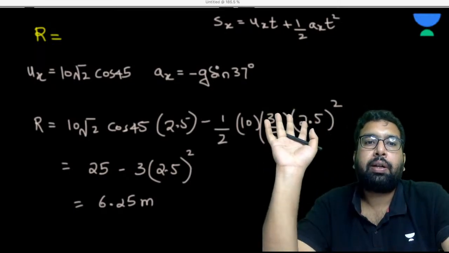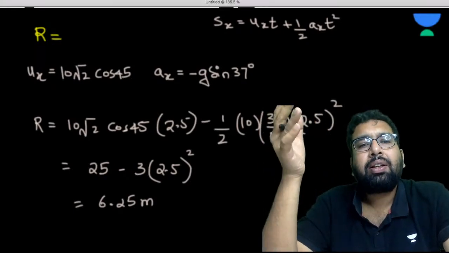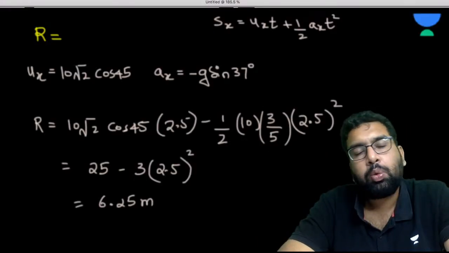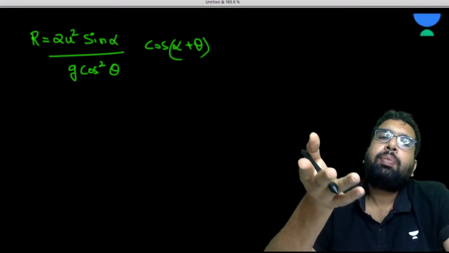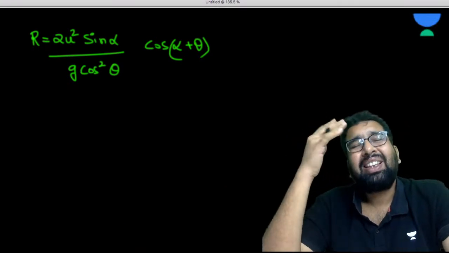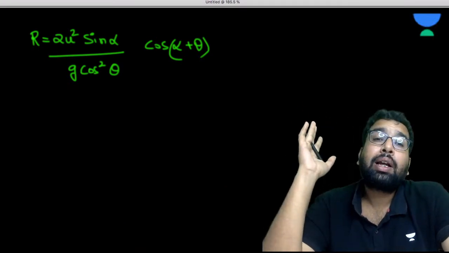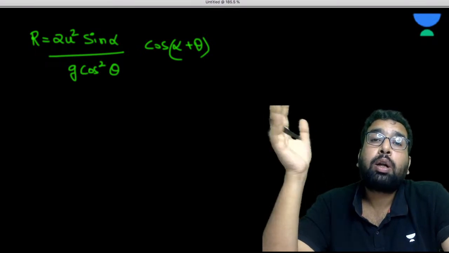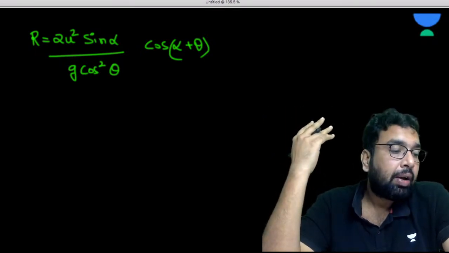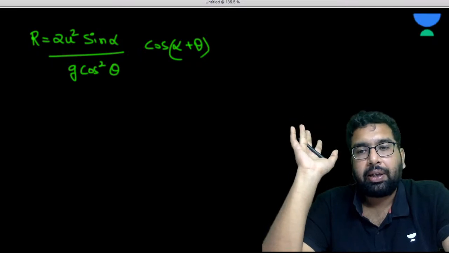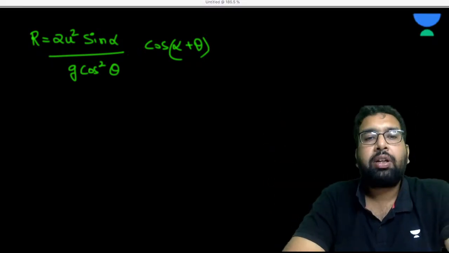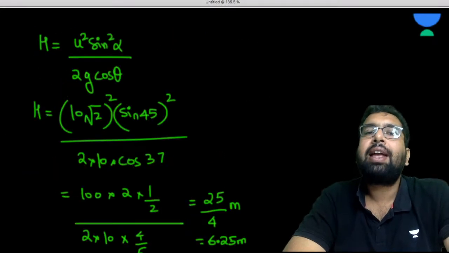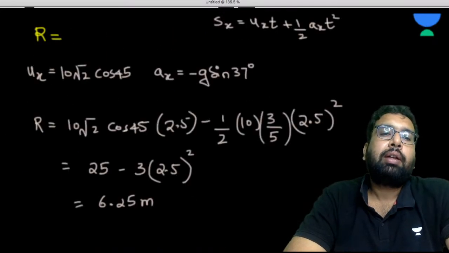There is no need. You can always choose your way. One way can definitely be that you remember this formula. But when I see this formula, 2u square sine alpha upon g cos square theta cos alpha plus theta, I feel dizzy. My way of learning and my way of teaching, it is very hard for me to memorize things.